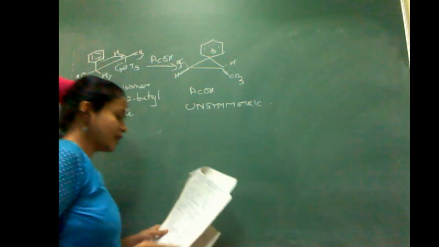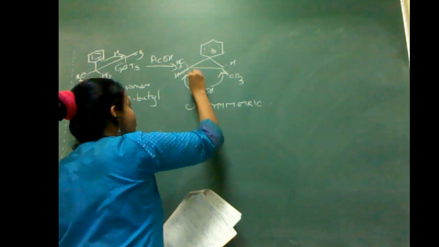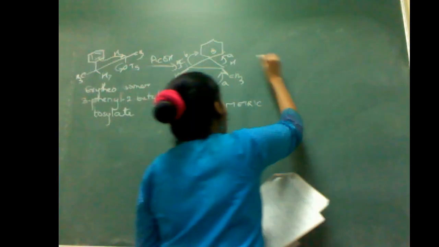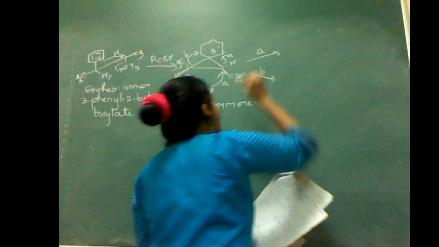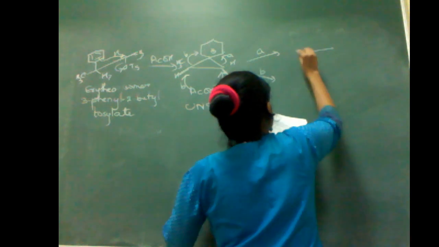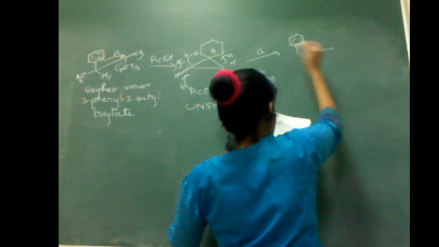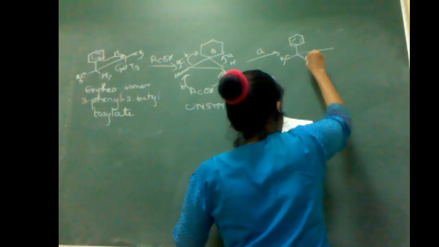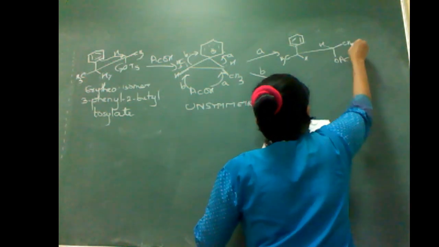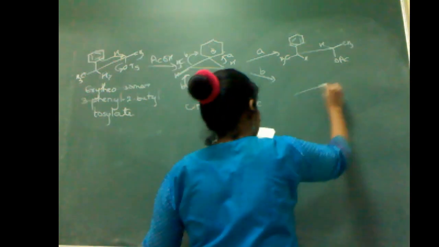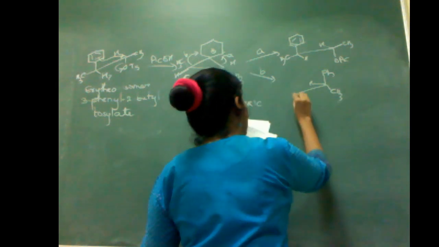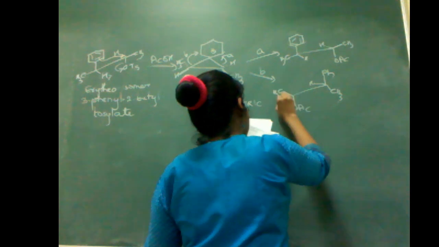Now when this intermediate is formed, this is A, this is A, and this is B, and this is B. Now when you have this particular intermediate, acetate attacks from the bottom, with H, methyl group, then phenyl group, H, methyl group, OAc, methyl and hydrogen.